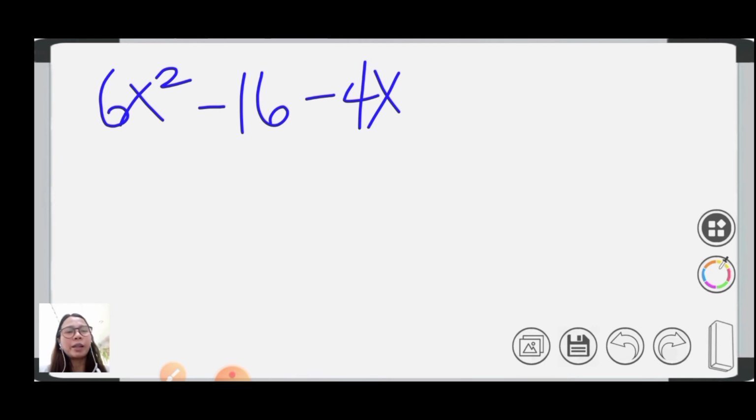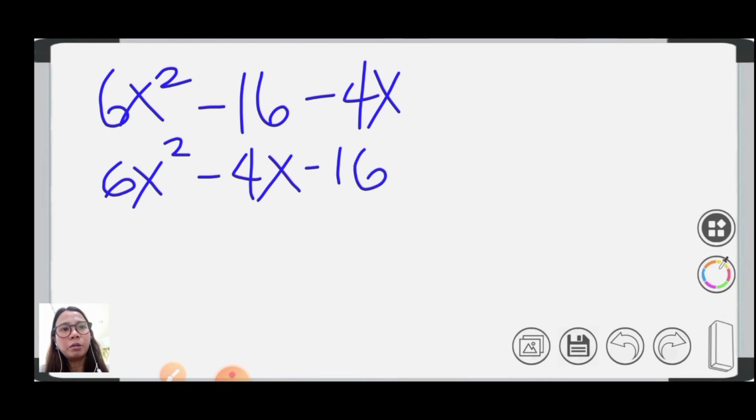So let us rewrite it first. The first term is 6x squared, then followed by negative 4x, then negative 16. This time let us see if there is a greatest common factor. Is there? Good, there is, and that is 2.